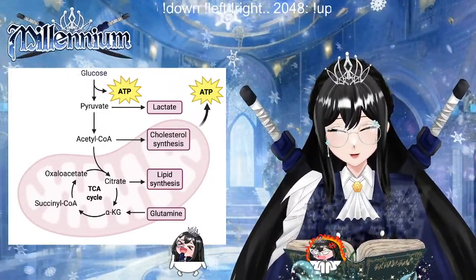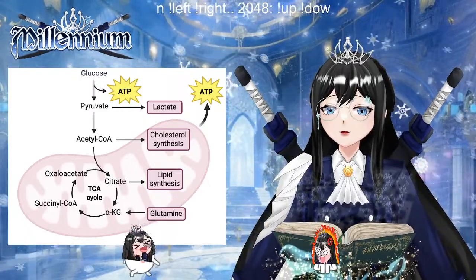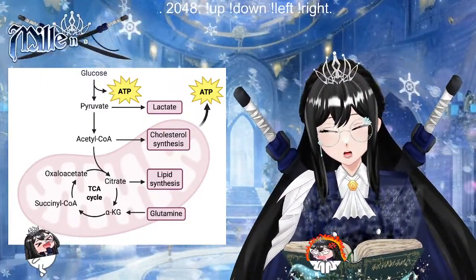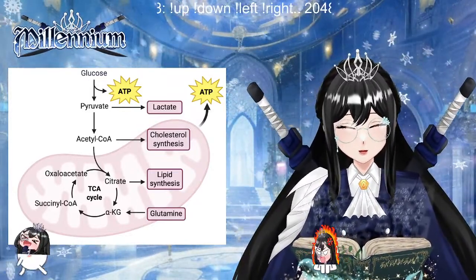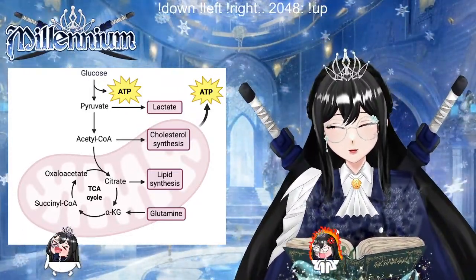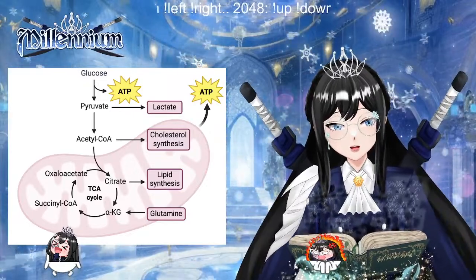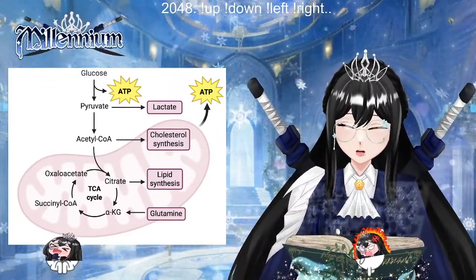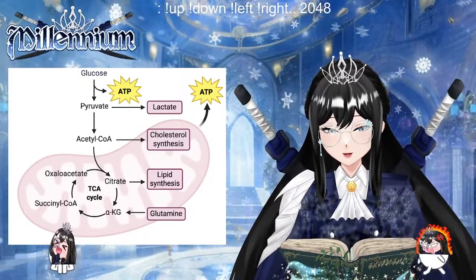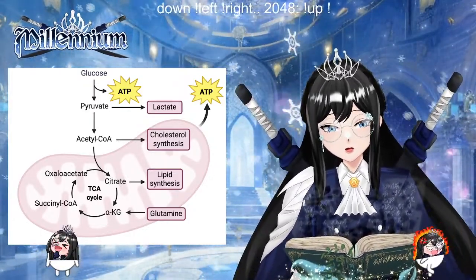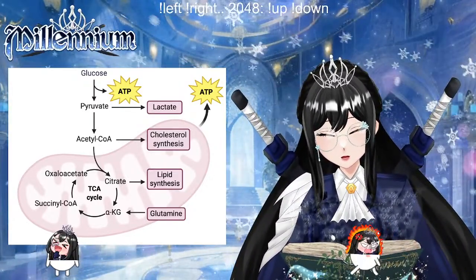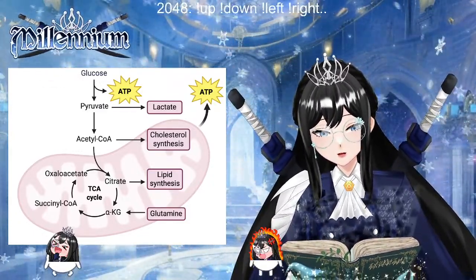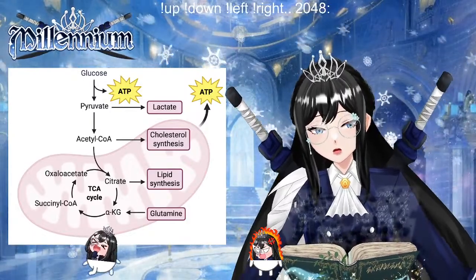Okay, glycolysis. It begins with glucose, a 6-carbon molecule, which gets converted into 2 molecules of pyruvic acid. This occurs in the cytoplasm and does not require oxygen. ATP is initially consumed in 2 phosphorylation steps.